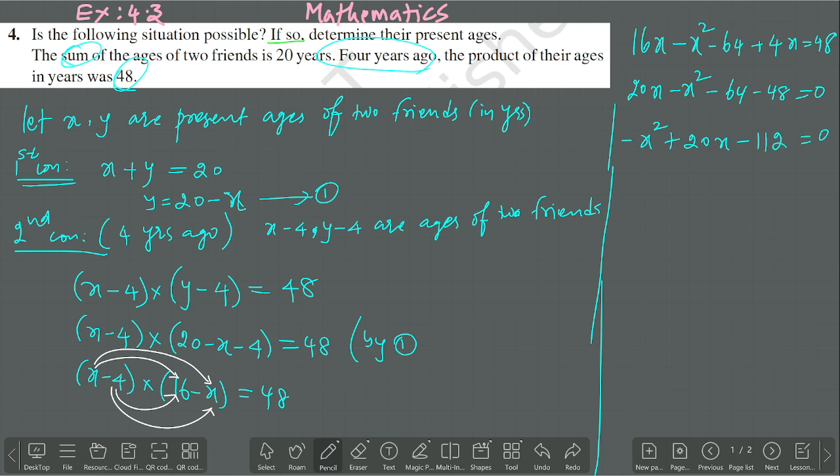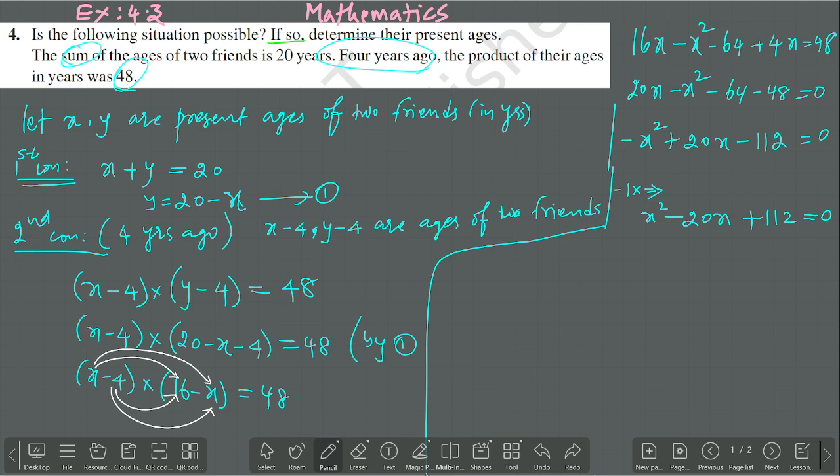But the coefficient of x square should be positive, so I'm going to multiply by minus 1 on both sides. After I multiply, I'm getting positive x square minus 20x plus 112 equal to 0. Have you understood? Now I'm going to do by what?